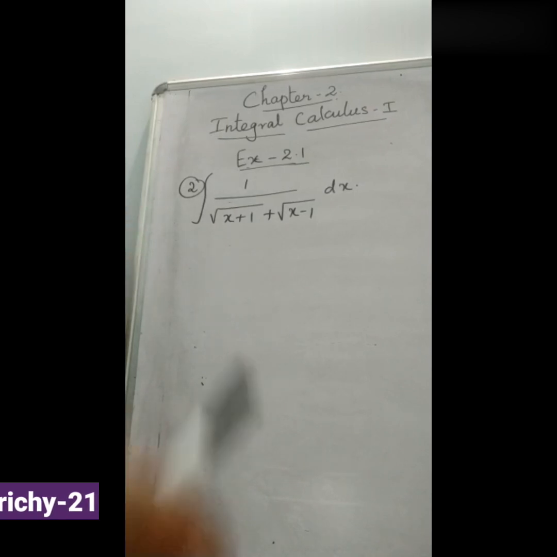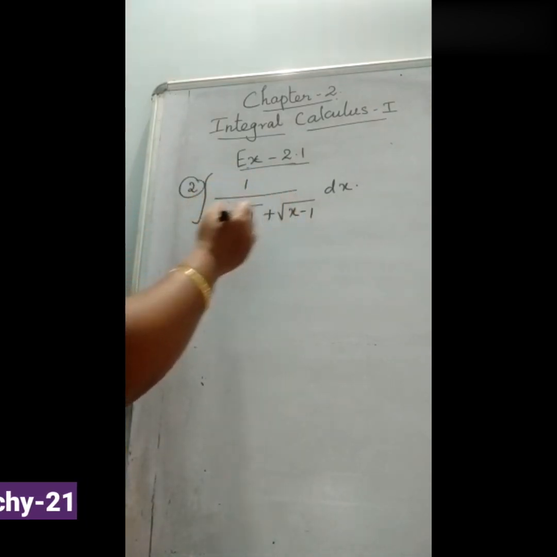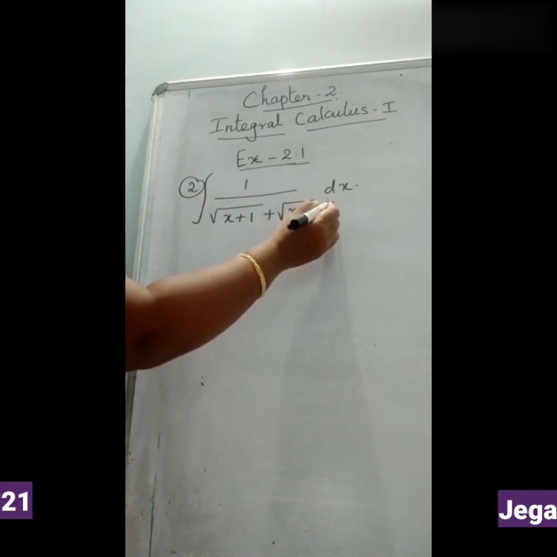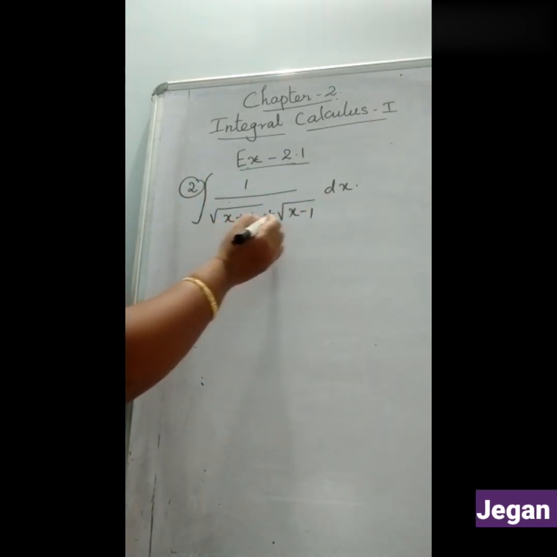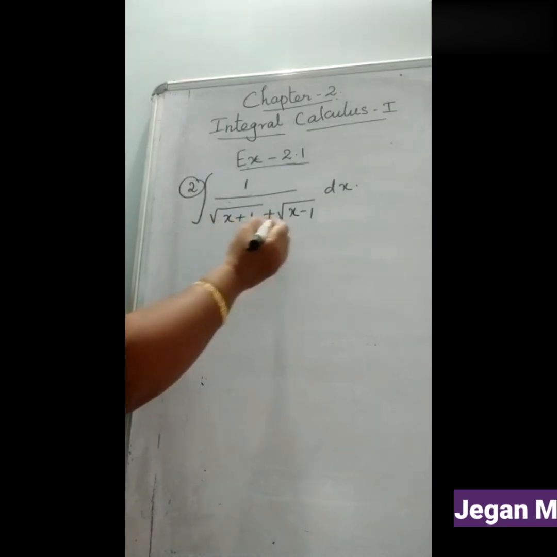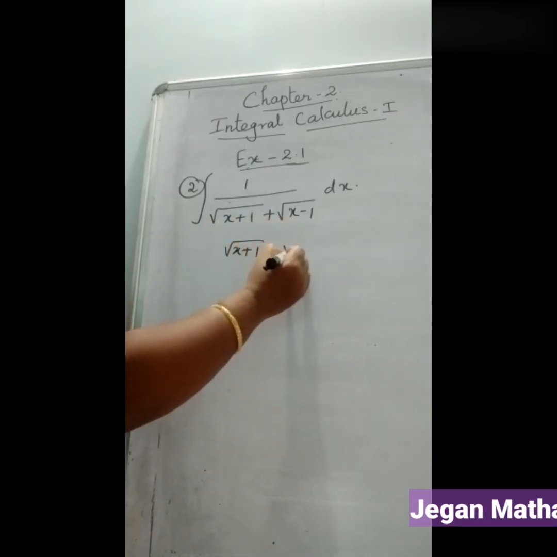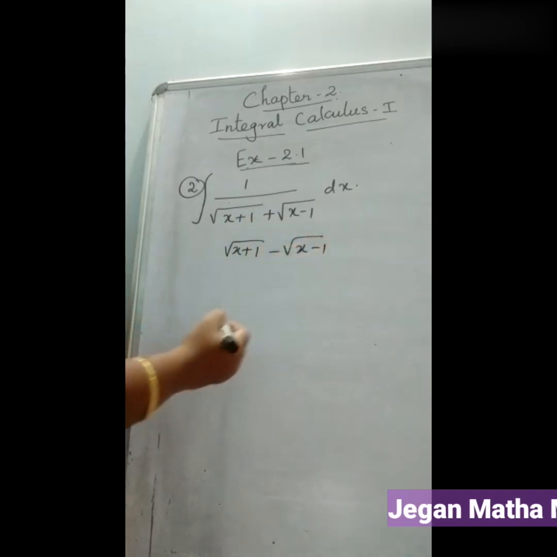The next sum is the integral of 1 by (root of (x+1) + root of (x-1)) dx. Let us take the conjugate of the denominator. The conjugate is root of (x+1) minus root of (x-1).